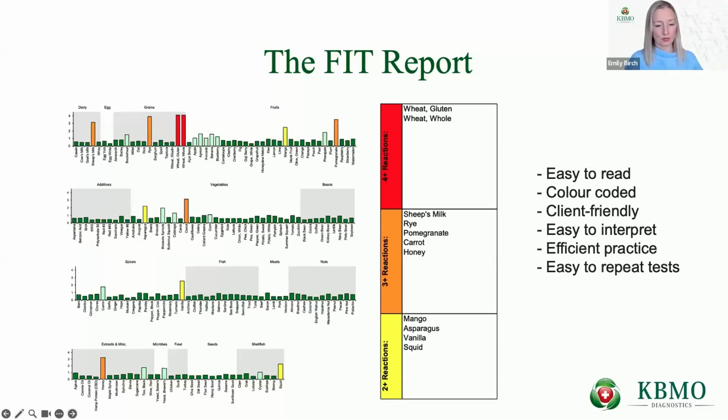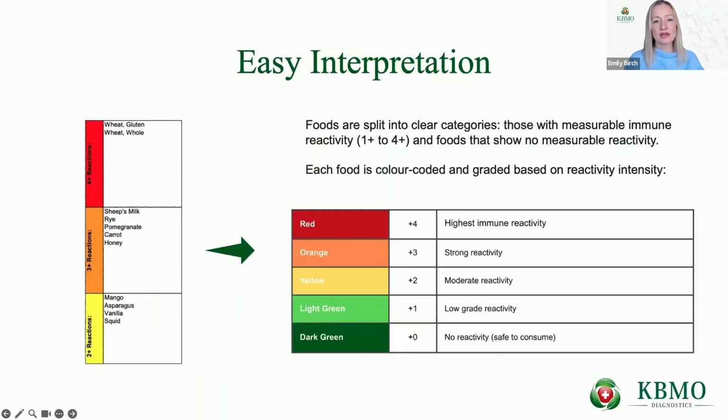Okay, so that's really important. You'll also see that the other foods tested will come up in green. Green meaning nothing to worry about at this point in time. So just to recap, that easy interpretation then, highest immune reactivity being red, right the way through to dark green, no reactivity, safe to consume.